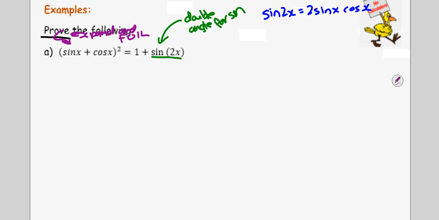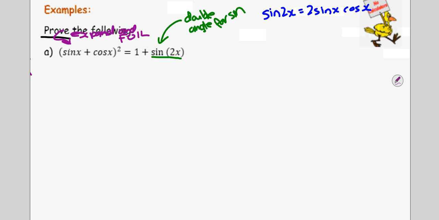Because when I look at ones like this, you're going to expand and FOIL. And when you sub in things like this, you'll probably find you can rearrange and cancel a whole heap of things out, and it'll get smaller and smaller. Certain things are going to cancel out when you sub in this thing and you FOIL that thing. So you're going to have so much fun doing this.